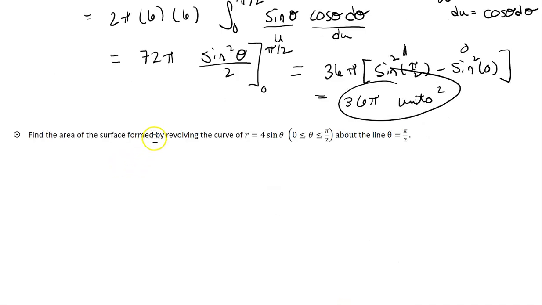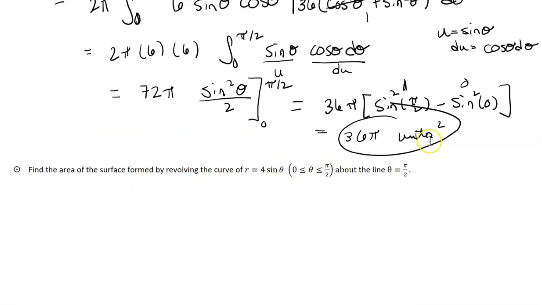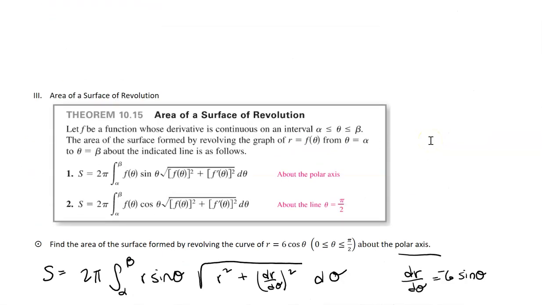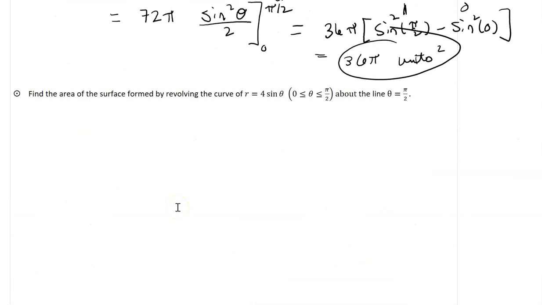For this last problem, it says we're going to revolve the curve of r equals 4 sine of theta around the line theta equals pi over 2. So for this one, we are on case 2. And the only difference is going to be we're going to have a cosine instead of a sine. So let's see how that changes things. So I've got r equals 4 sine of theta.